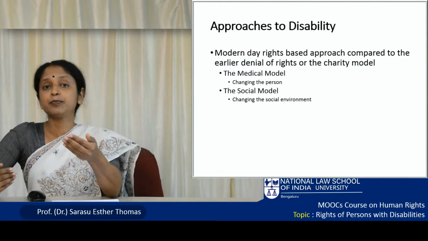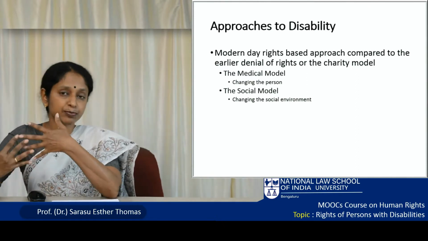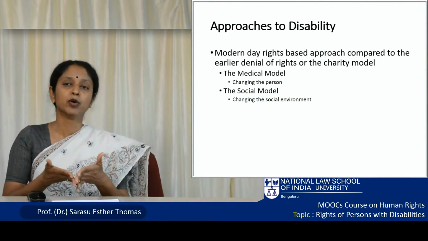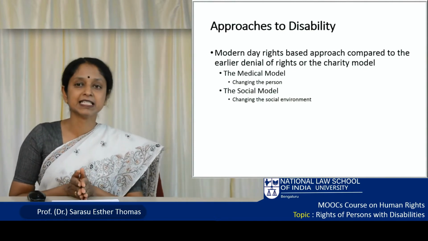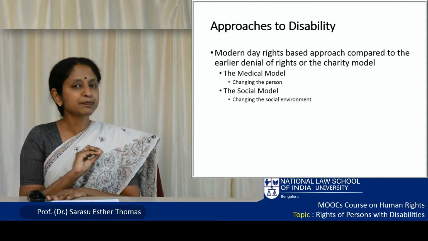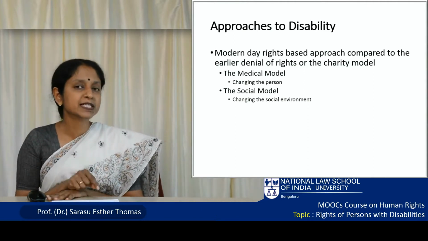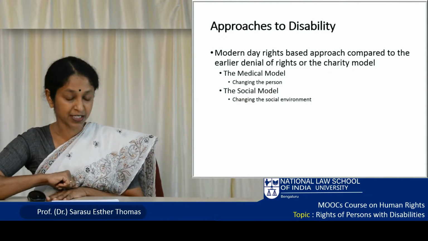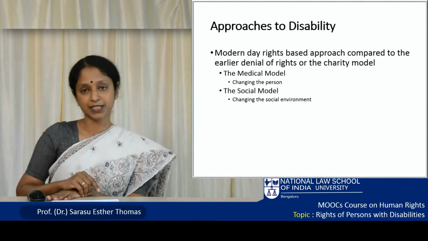But today's approach is very different. The current approach, which is better accepted, is what is called the social model. The social model recognizes that discrimination because of disability is not simply because of the person's disability, but because of social attitudes towards disability, the way that society views disability.